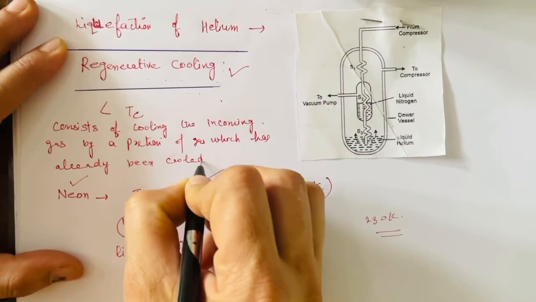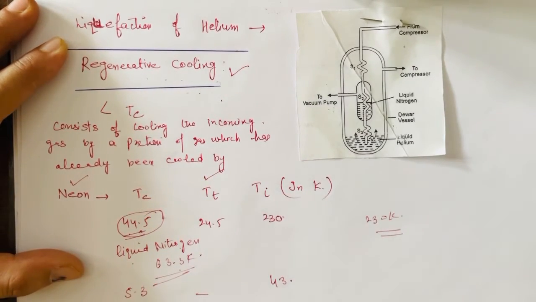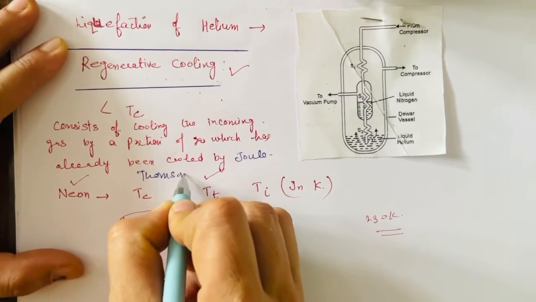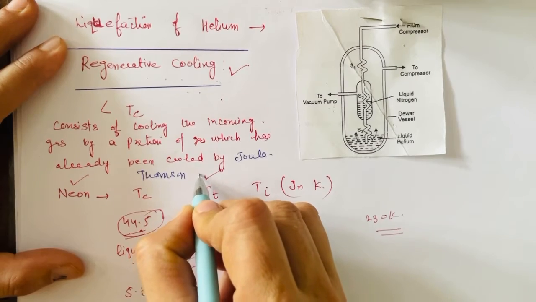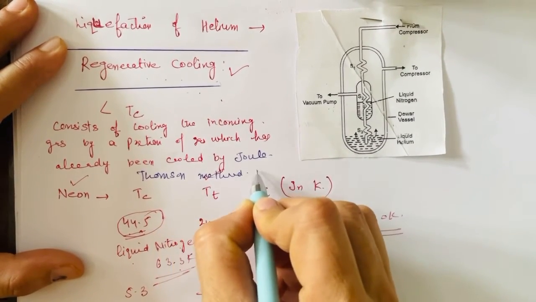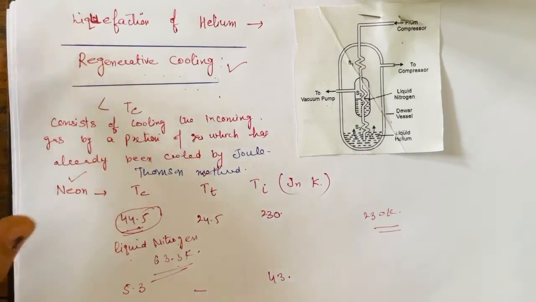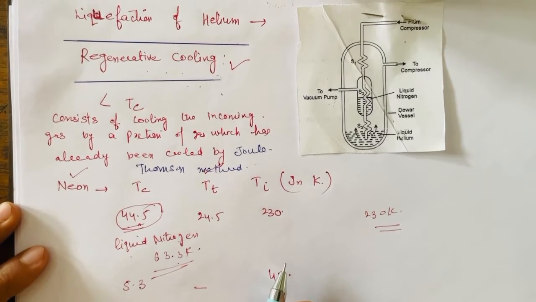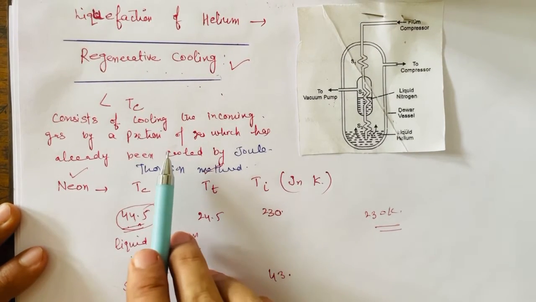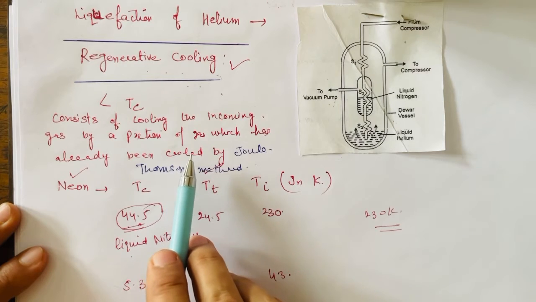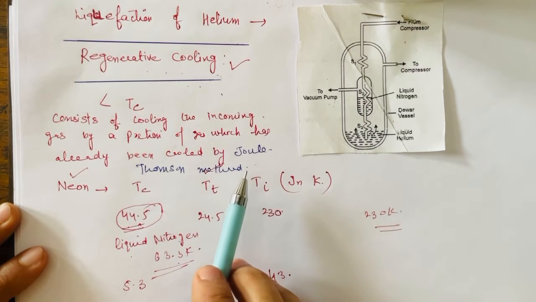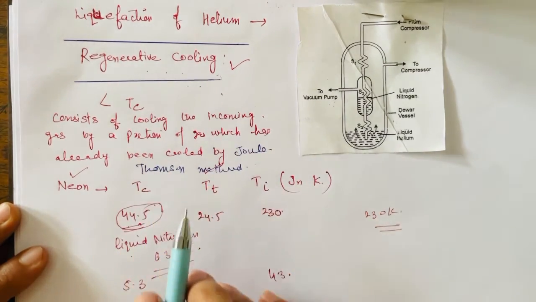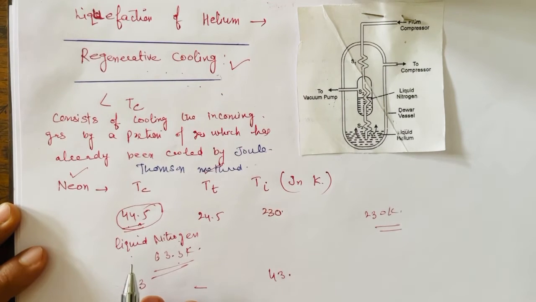This is called regenerative cooling. This cooling effect is made cumulative by maintaining a continuous cycle of such operations, so the initial temperature of the gas can be lowered down.